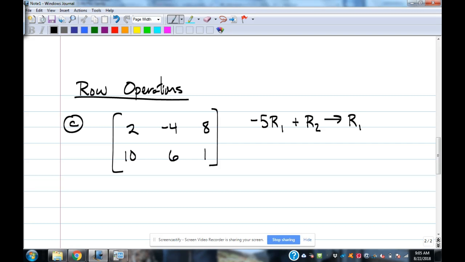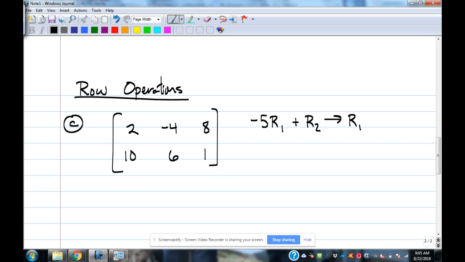That's the row operation we're going to do. That says take -5, multiply it times row 1, and then add it to row 2. But then take that answer and replace row 1 with it. That's what it means to do. Sounds super complicated, but the math part's easy.